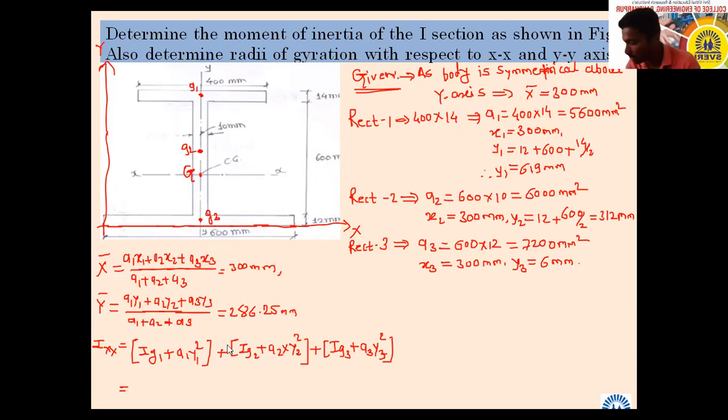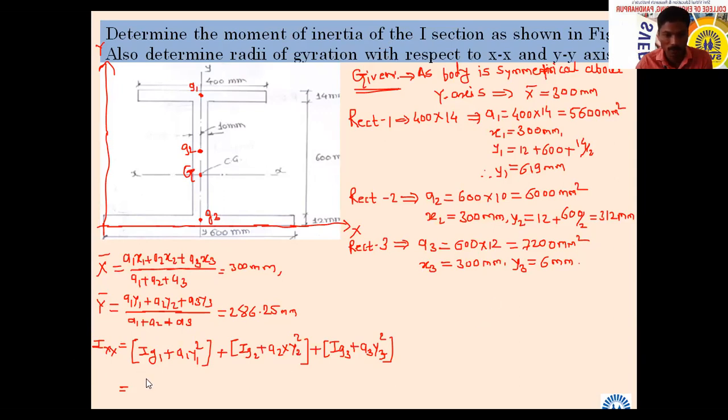Whether you are able to see? Yes, sir. Which axis theorem have we applied here while calculating Ixx? Parallel axis theorem. We are going to say it is the parallel axis theorem.